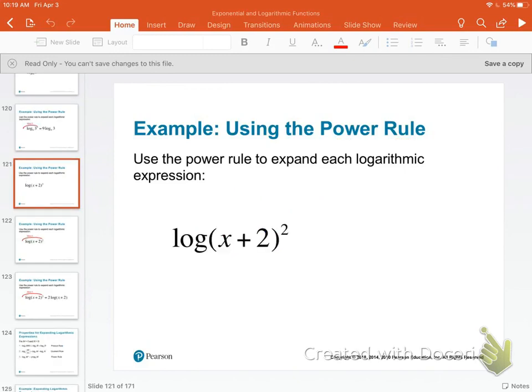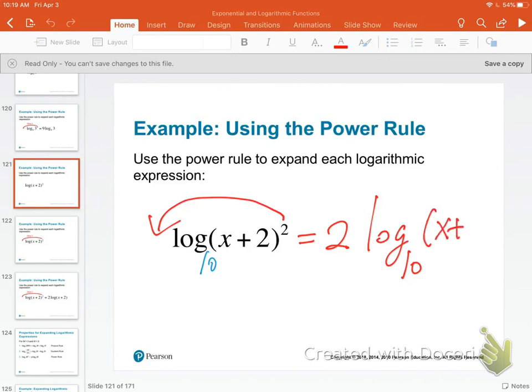One more example about the power rule. This is a common log. What's the base? Base is 10. So we move this exponent number 2 to the front. So the answer will be 2, and then log with base 10 of x plus 2.